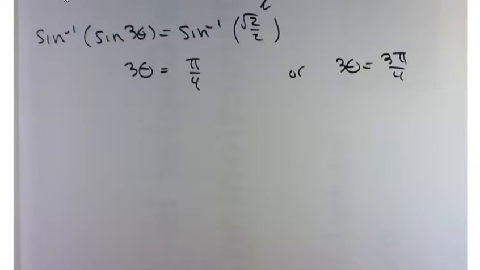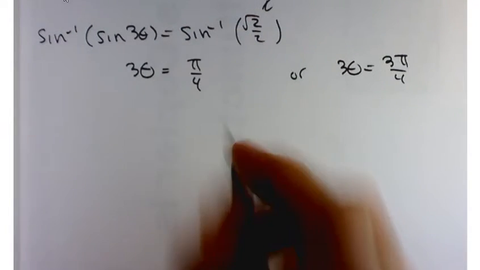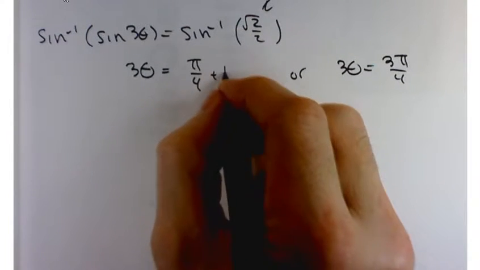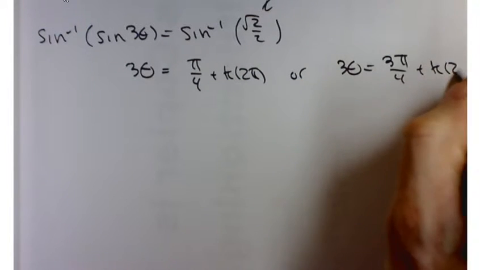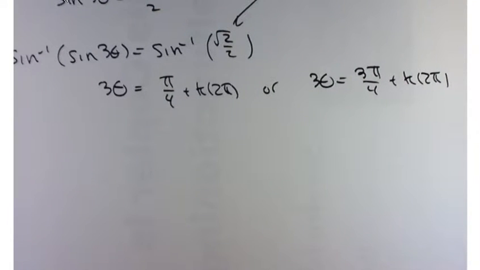But there's another little thing that I'm missing here. Sine is periodic with period of 2 pi. So I've got to put in the plus multiples of 2 pi. And it's this term here that's going to allow me to generate multiple solutions. It's going to give me the general solution and then any particular solutions I want from there.